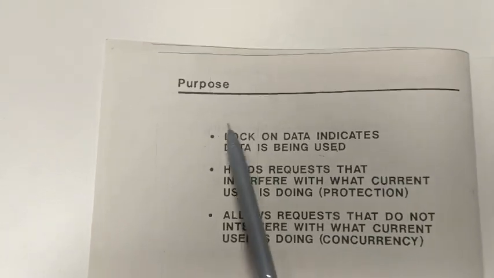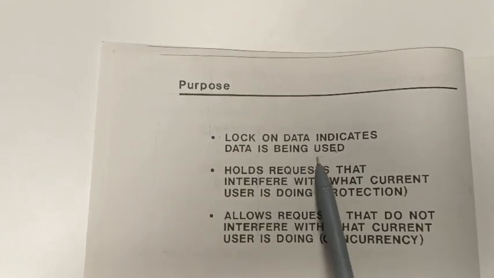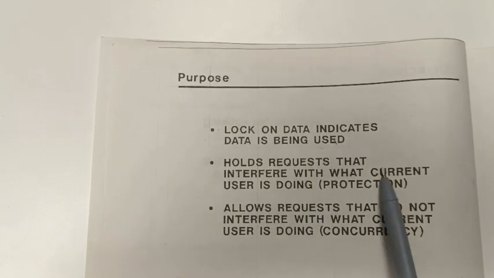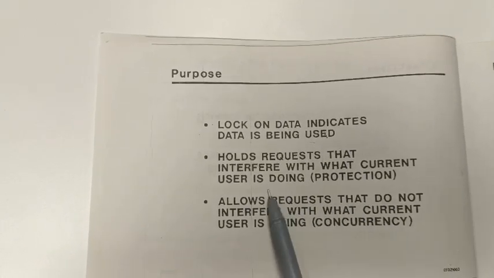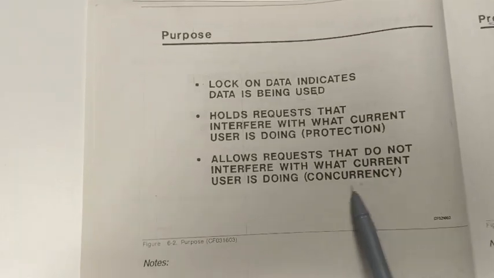And this is the purpose we are using the locking mechanism for. Locked data indicates the data is being used, and it holds requests that would interfere with what the current user is doing, for protection, and to get data concurrency.